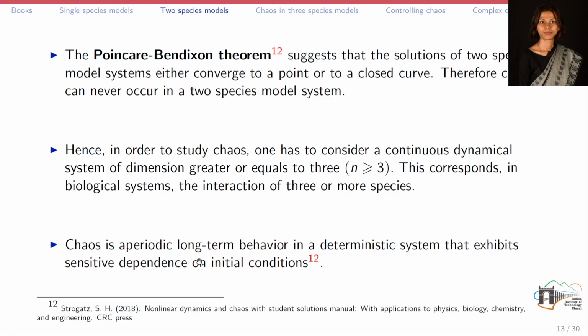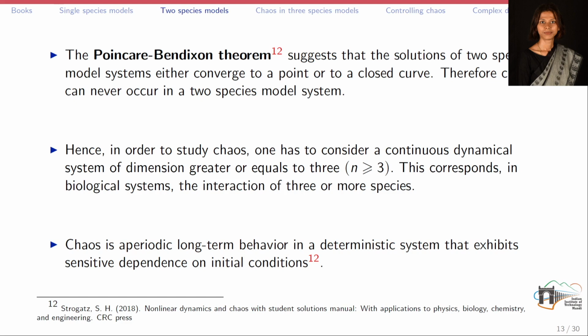So it is a property of a deterministic system, and whenever it shows sensitive dependence upon initial condition and aperiodic behavior over a longer period of time, then it is termed as chaos. And chaos is very widely studied in ecological models.